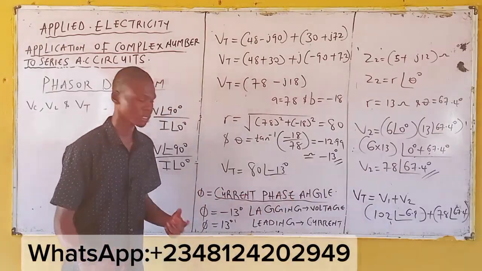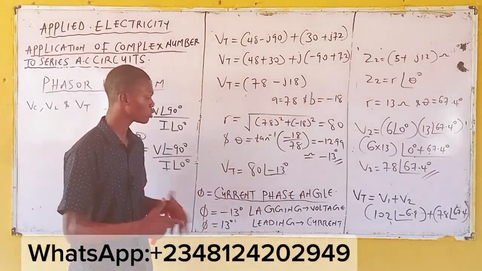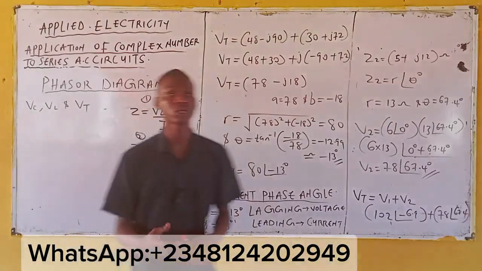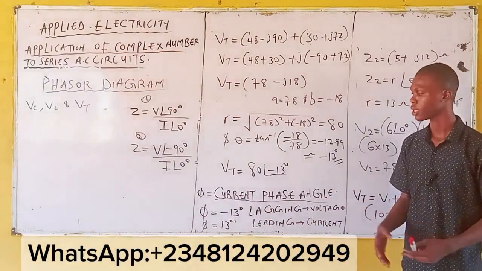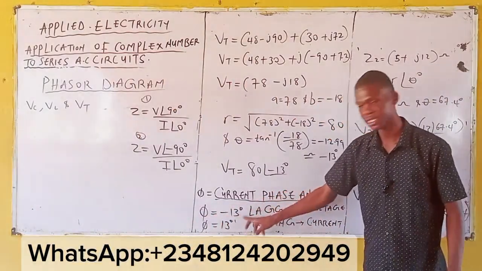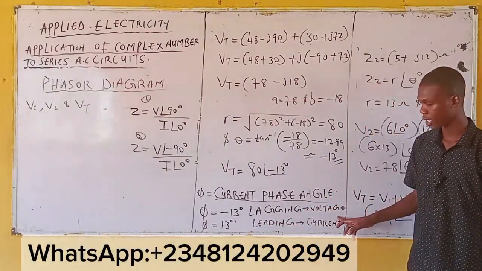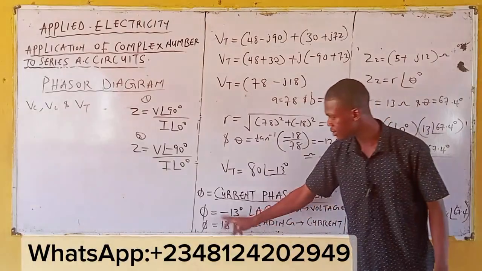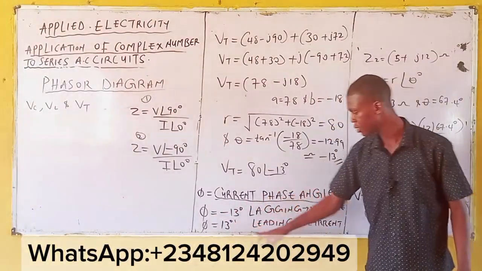Now what it means is that when you want to write your answer, say you are solving a theory question, you might go with negative 13 degrees or 13 degrees. You are still correct. Writing your phase angle as negative 13 degrees means lagging. What's lagging? Voltage. Writing 13 degrees means leading.